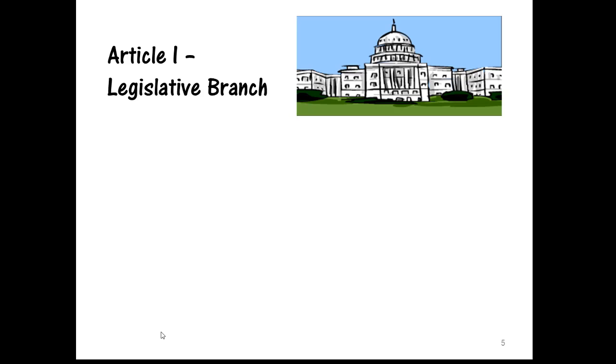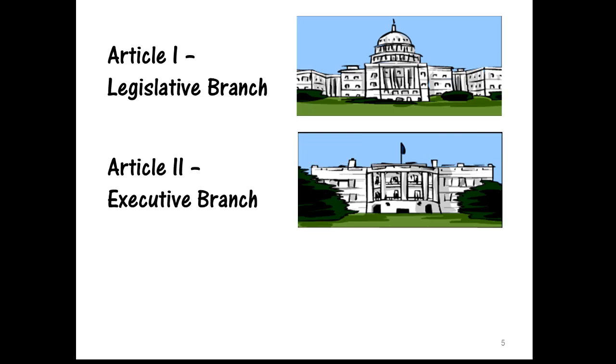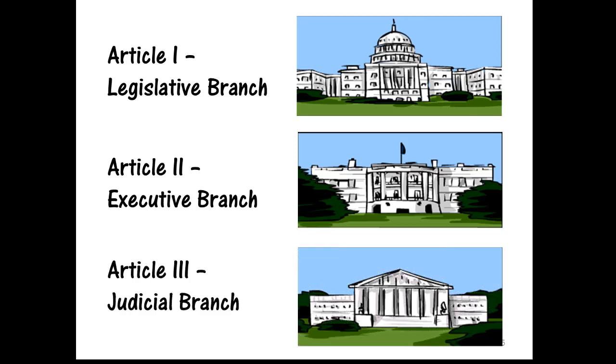Article 1 created the legislative branch, which makes the laws. Article 2 created the executive branch, which enforces the laws. And Article 3 created the judicial branch, which interprets the laws.